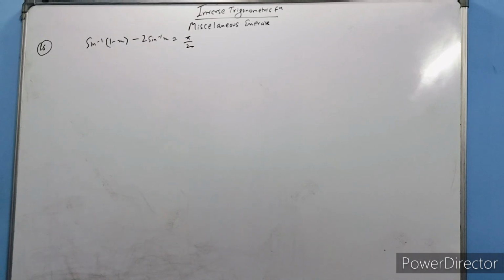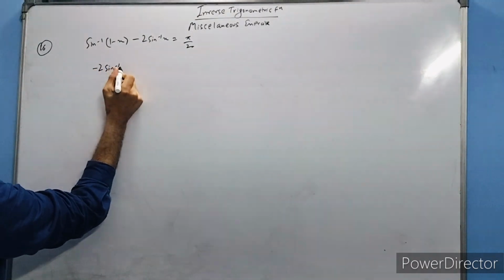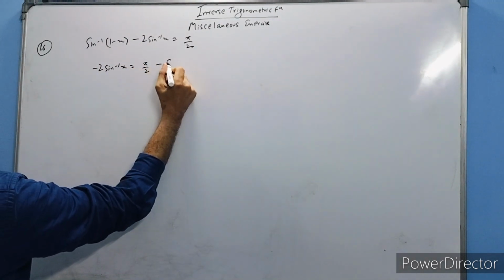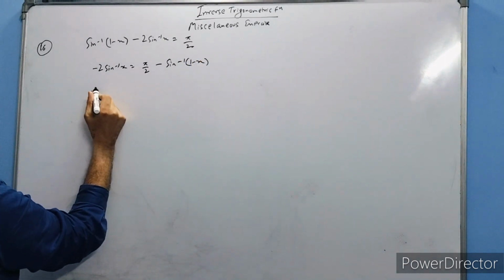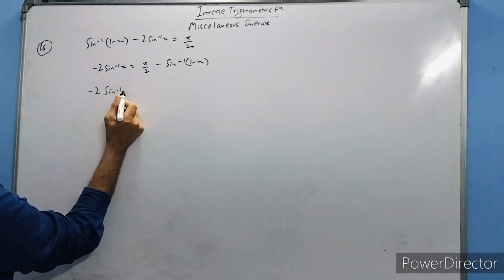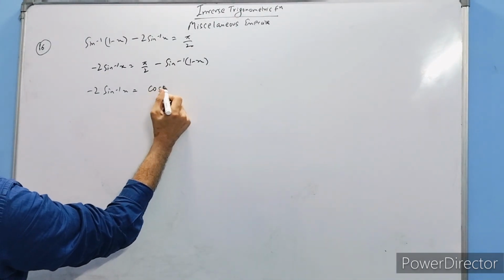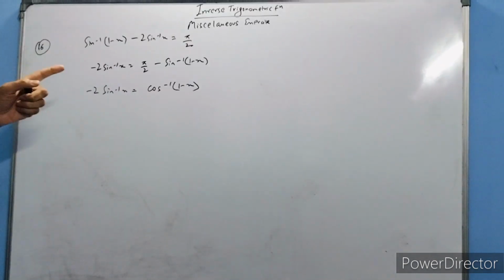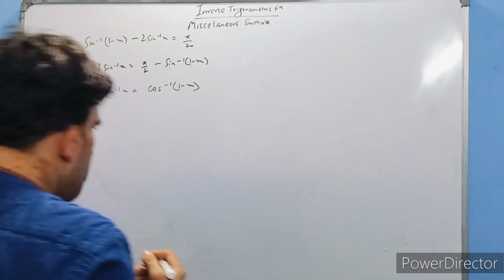Now what we can do here, we'll take this to that side, so pi by 2 minus sine inverse (1 minus x), so it will be minus 2 sine inverse x is equal to cos inverse (1 minus x). We have given this, and in this we need to find the value of x. Okay, so how?